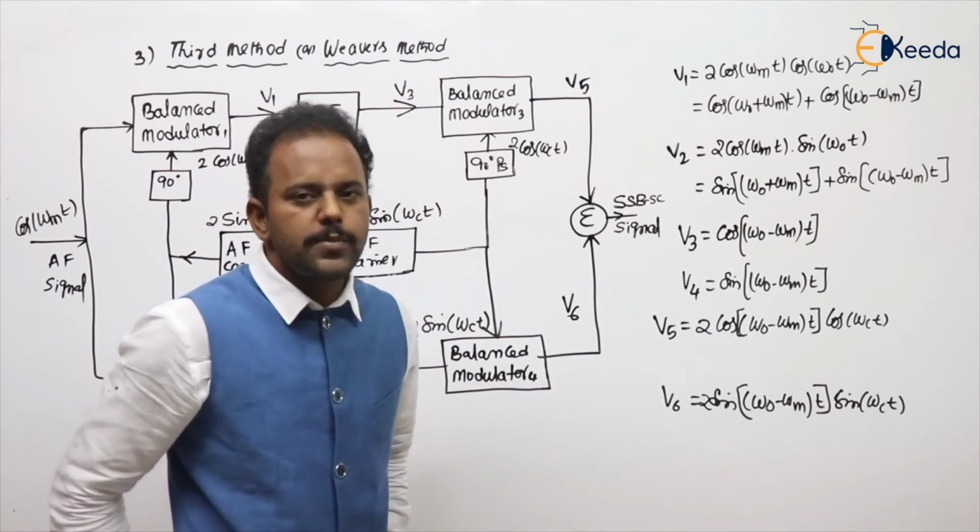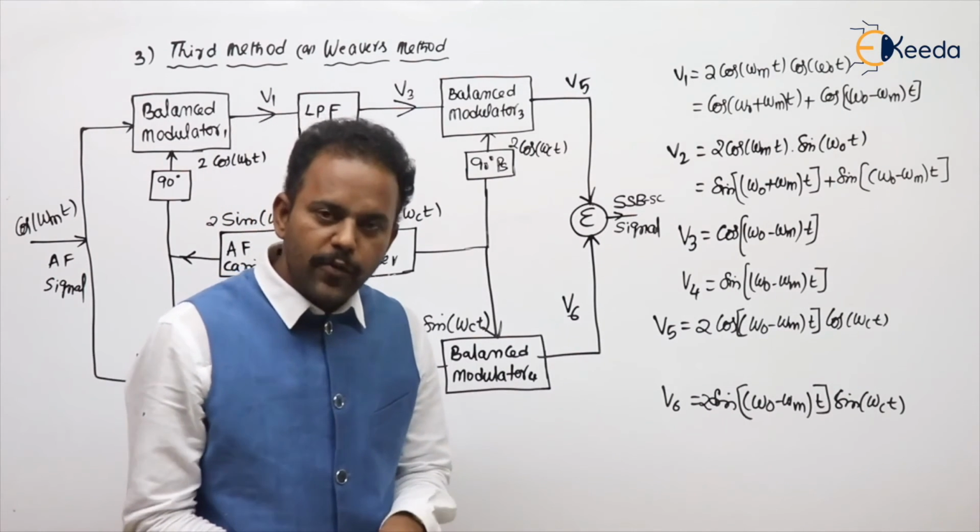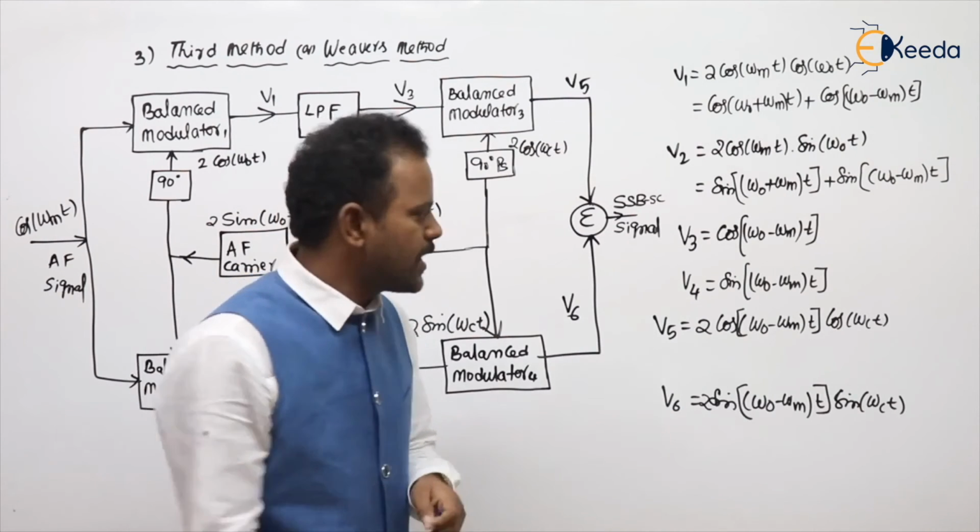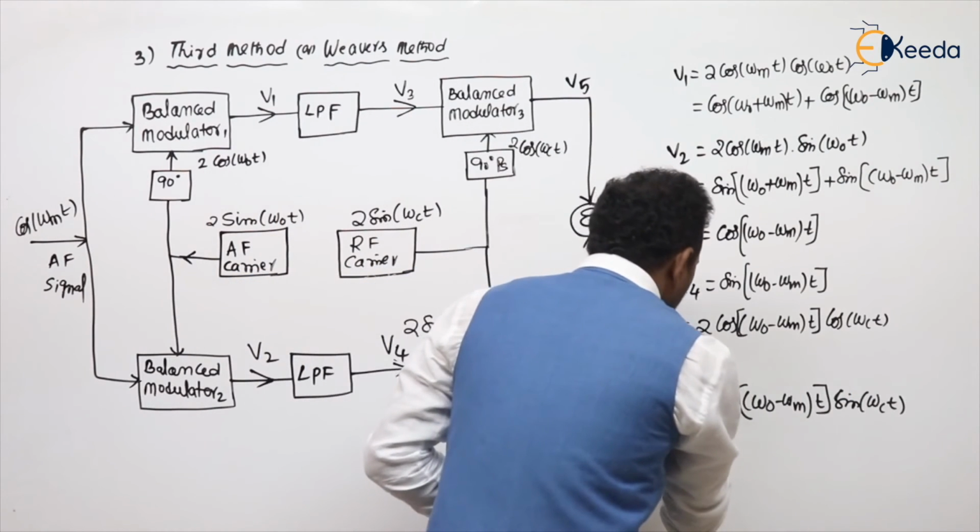What is the cos A cos B formula, sir? Cos A cos B formula is cos A plus B plus cos A minus B. So what will you get here?